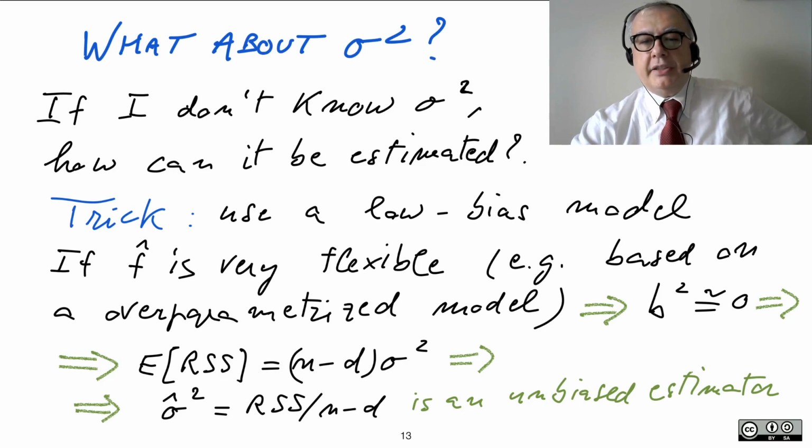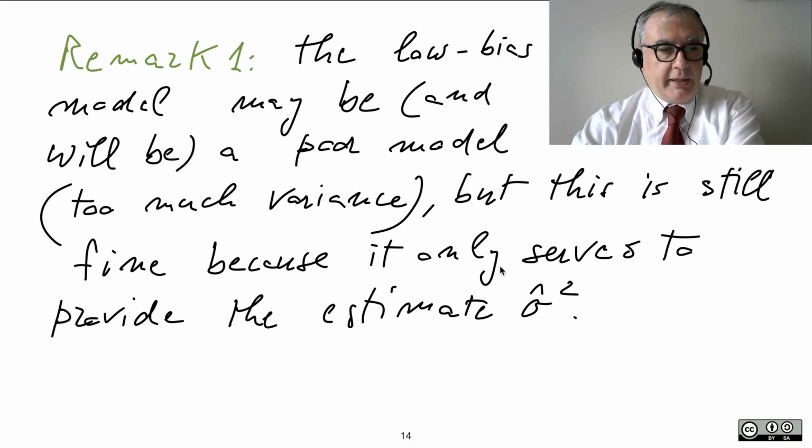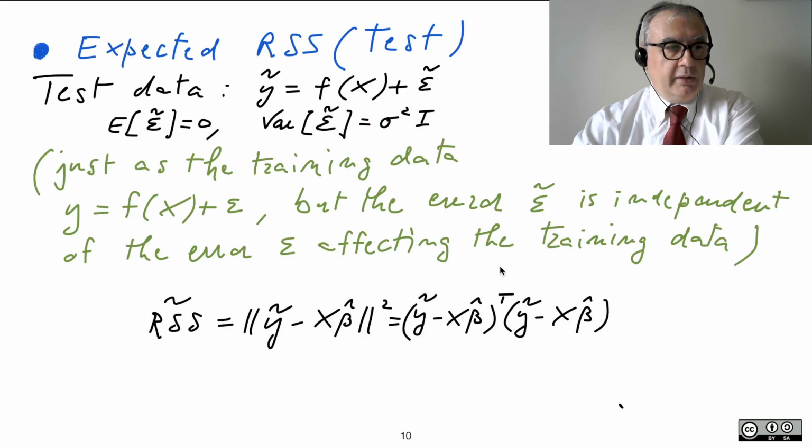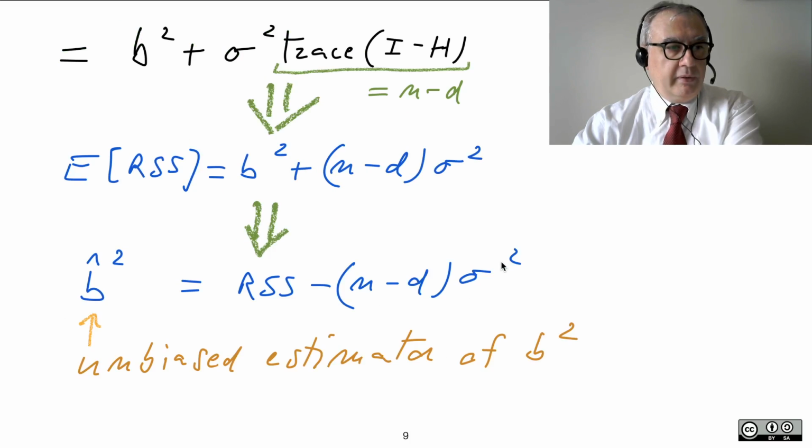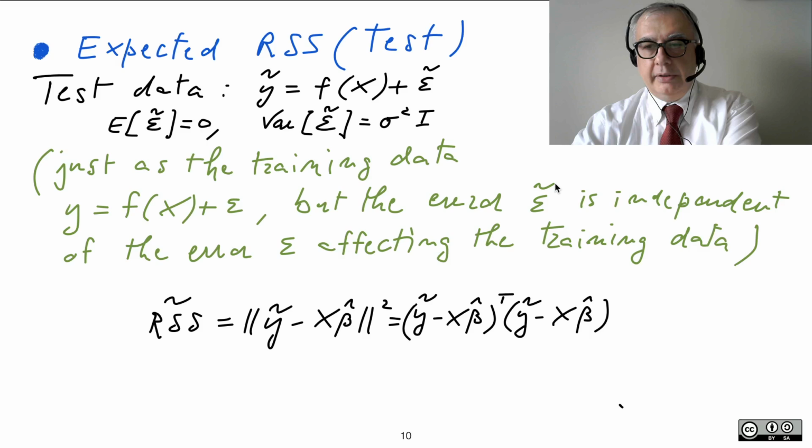In such a case, b squared will be equal to 0, or close to 0, and therefore from the analysis that we made before, the expected value of RSS will be equal to n minus d sigma squared. We can go back and find the precise passage. It is here. So if b squared is negligible, at that point the expected value of RSS is n minus d sigma squared.